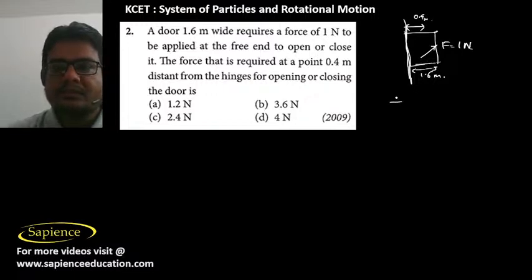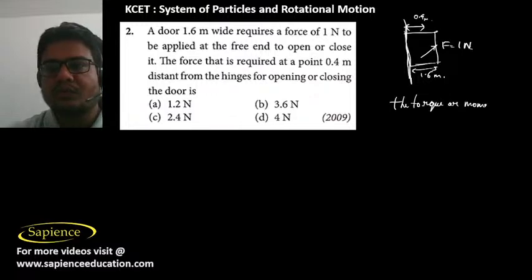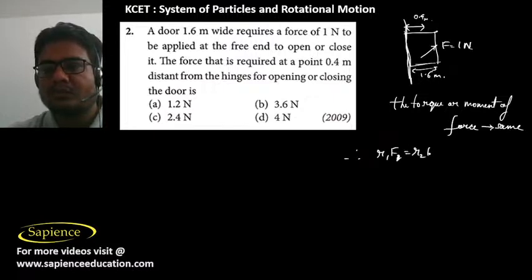so the torque required to open or close the door will be the same. The torque or the moment of force required, that will be the same. So we can say that R1 into F1 will be equal to R2 into F2.